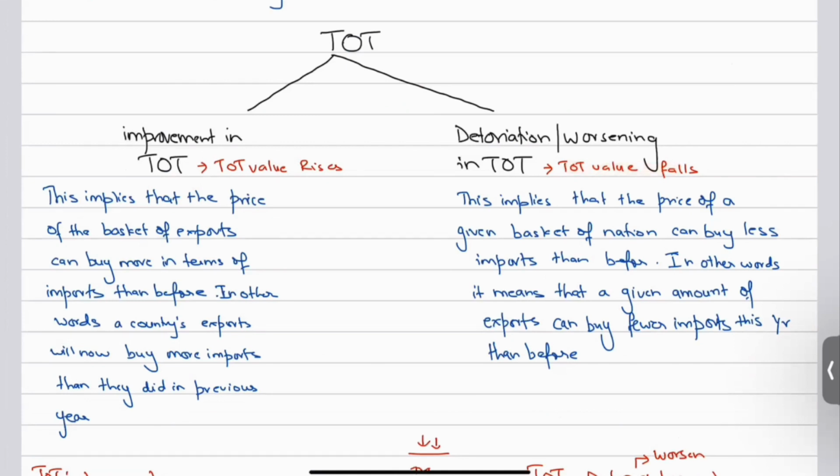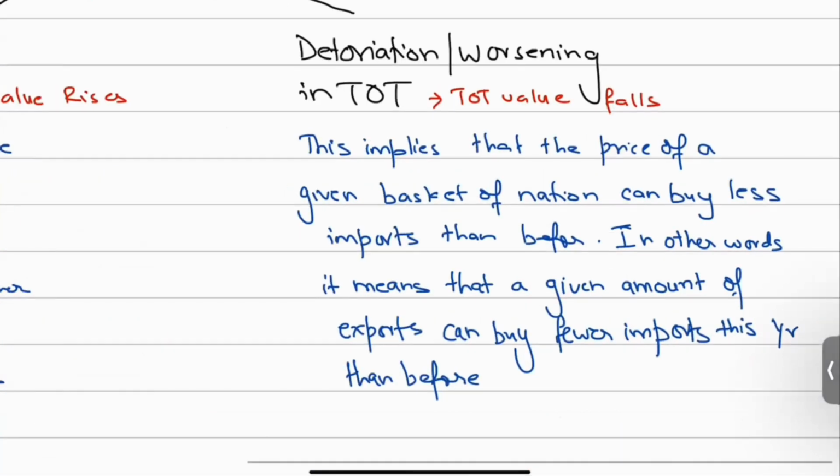इसका क्या मतलब है? When the TOT value falls, it implies that the price of a given basket of a nation's exports can basically buy less imports than before.